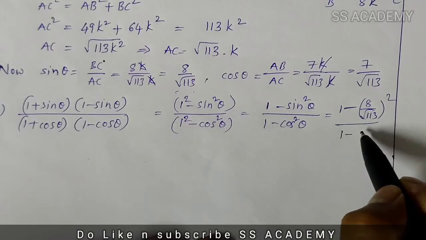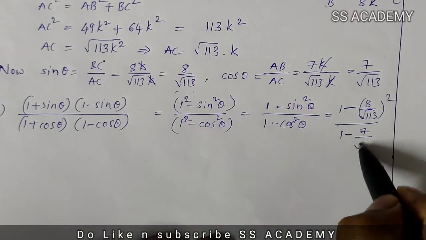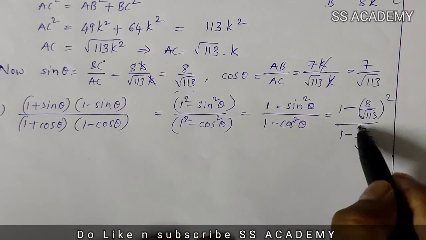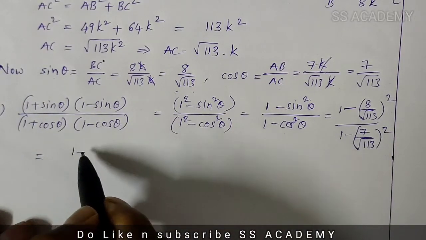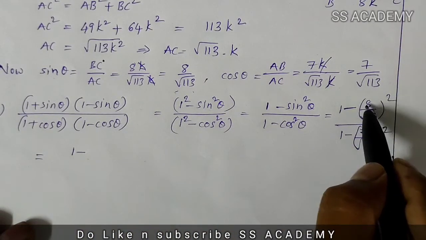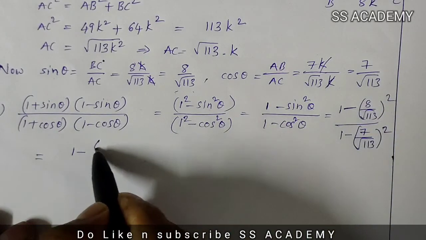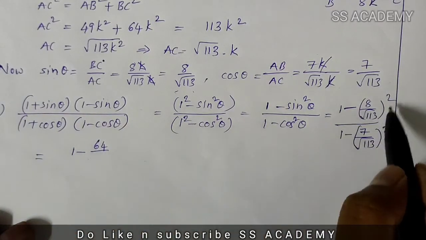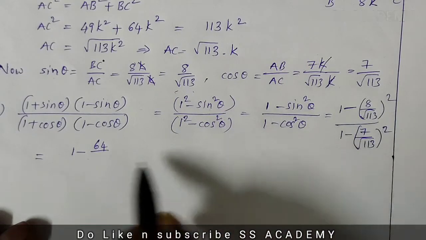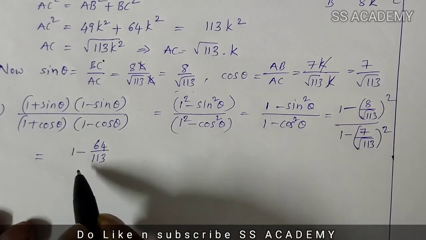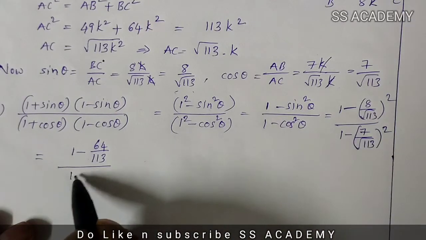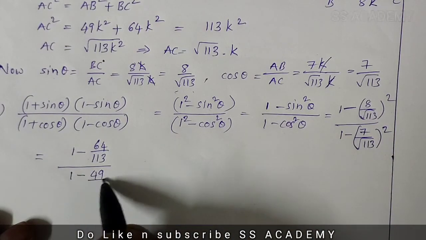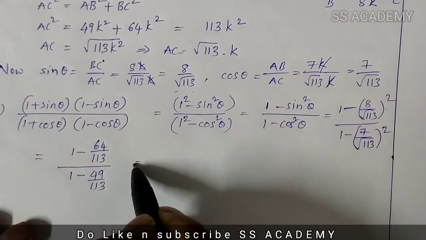Similarly, the value of cos theta is 7 by square root 113, whole squared. That implies 1 minus, and when you apply the square to the numerator it becomes 64, and the same to the denominator, it becomes 113. Root and square get cancelled, and here it will become 49 by 113.